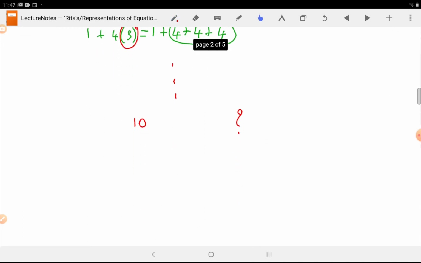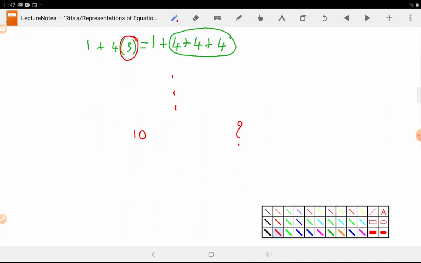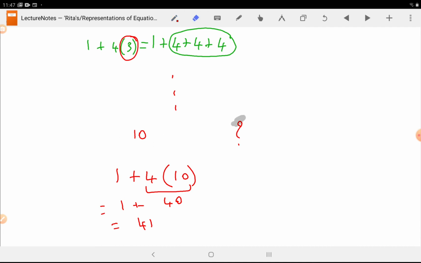Well, it's going to have 1 plus 4 times, you guessed it, 10. Well, 4 times 10 is 40, right? So if this is 40, 1 plus 40 is equal to 41. So this number is going to be 41 right here.